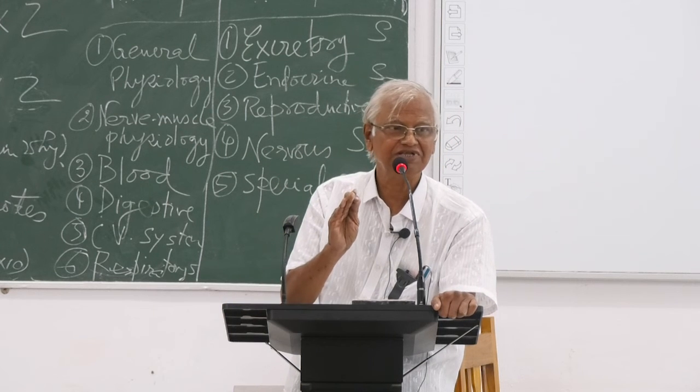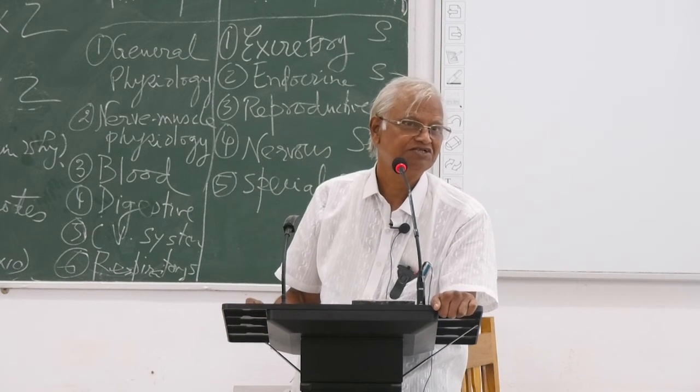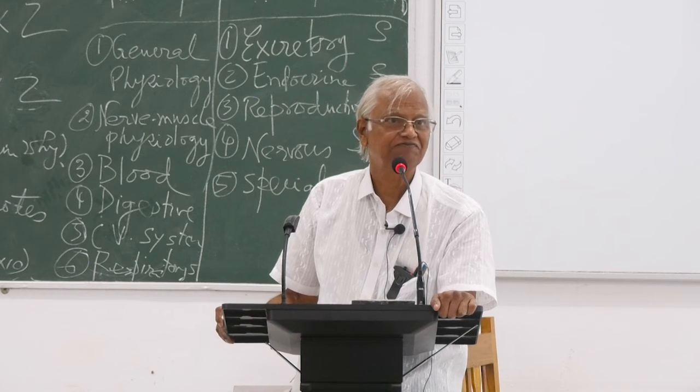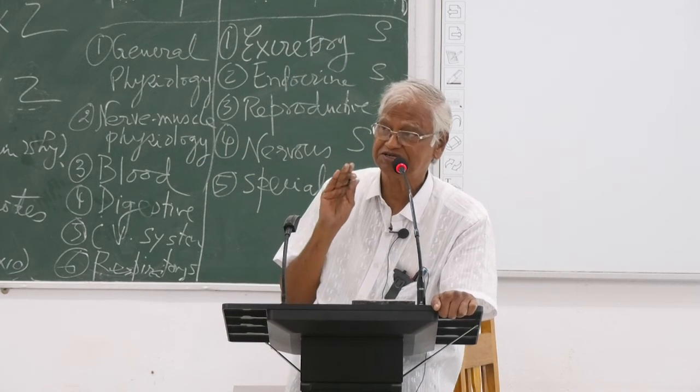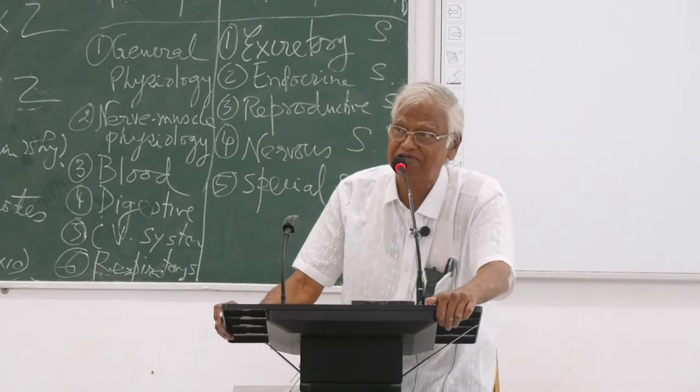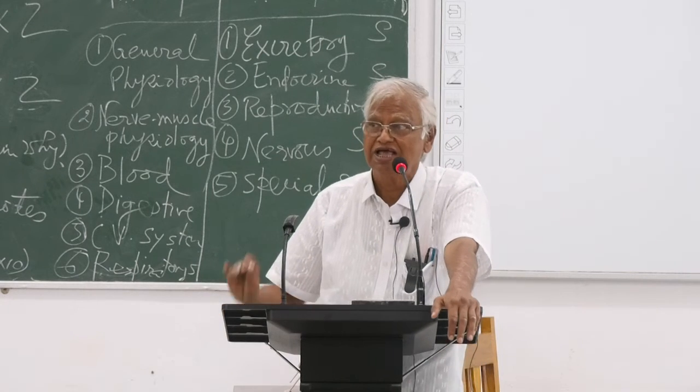So it is something like a loop. It is not afferent fibers going into the spinal cord. These fibers, which were detected by somebody as afferent fibers in the ventral root, actually they come back.